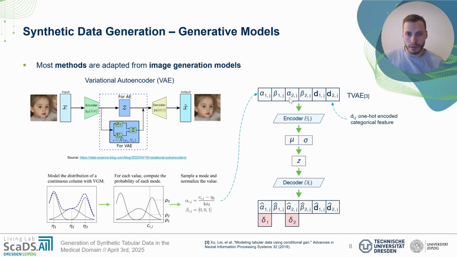And this is basically this part of the input, and these are just the one-hot encoded categorical features. And then in general it works the same as this one, the same idea. However, the encoder and decoder networks are also different, because here the encoder is usually a CNN, and here the encoder is just a multi-layer perceptron.